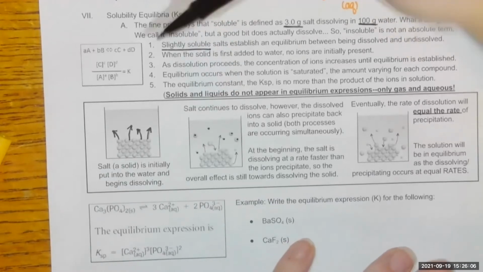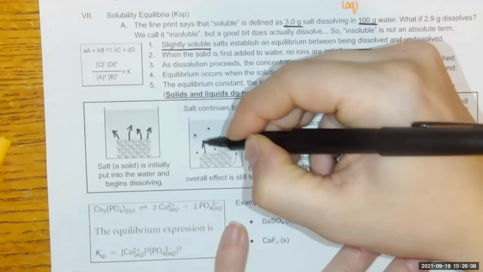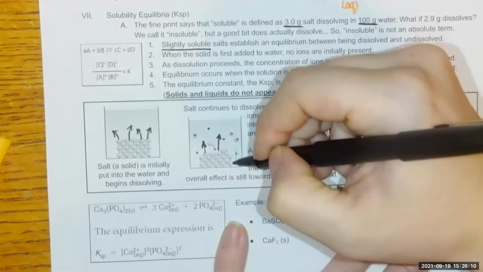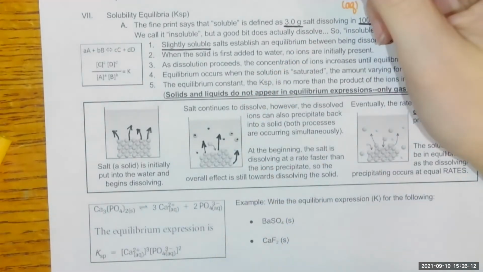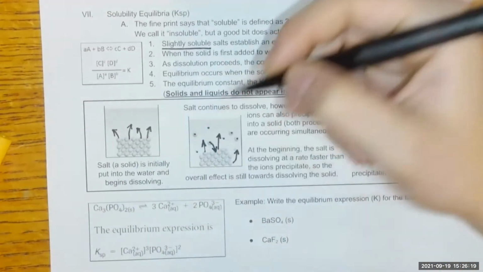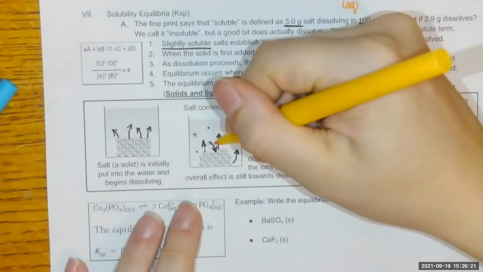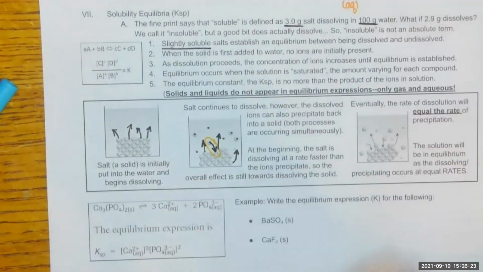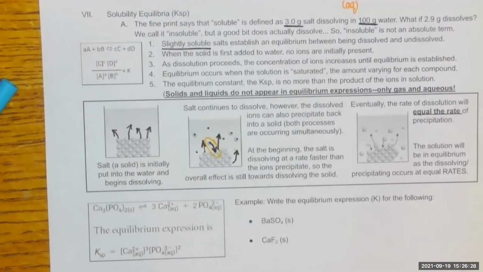So the salt is continuing to dissolve, but what happens with slightly soluble stuff is that, look here, this one changed back. Equilibrium is all about the back and forth.